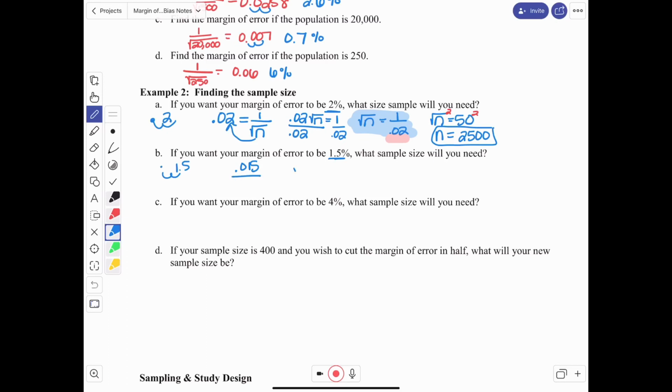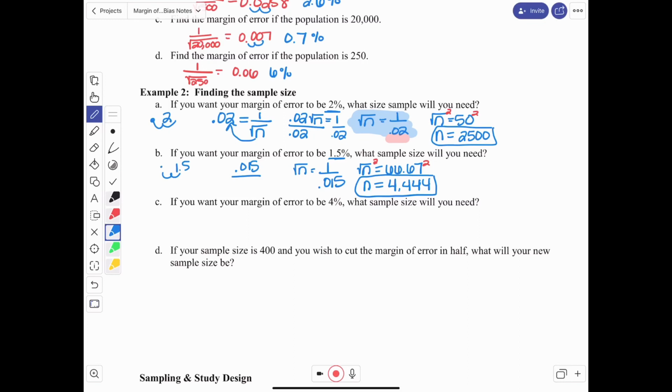So we have the square root of n equals 1 over 0.015. And so the square root of n equals 66.67. And then when we square both sides, we'll get n equals 4,444.